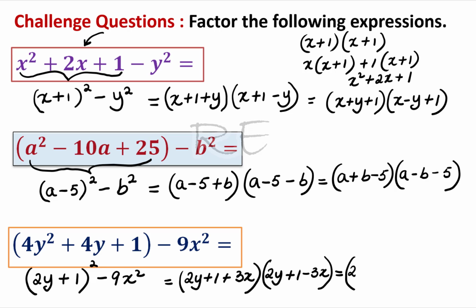Now, rearranging the terms, 2y plus 3x plus 1 times 2y minus 3x plus 1.